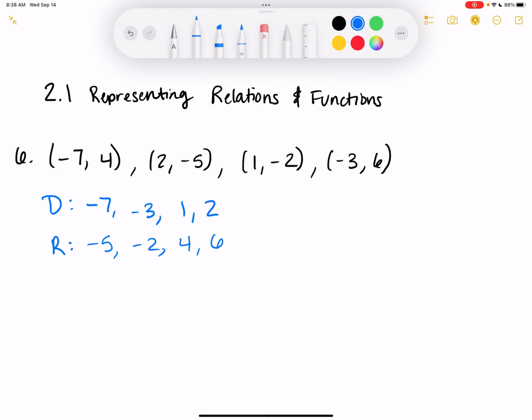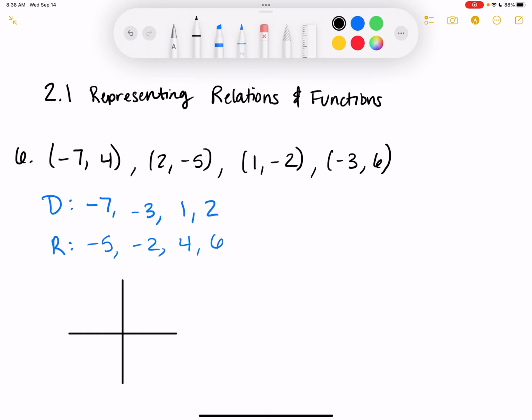The next thing it says to do is to represent the relation using a graph. It doesn't need to be anything spectacular. You don't need to get out graph paper, though if you enjoy graph paper and it's what you want to do, that's completely fine. A little basic graph is fine. Our x values go to -7, and our y values go from -5 up to 6.